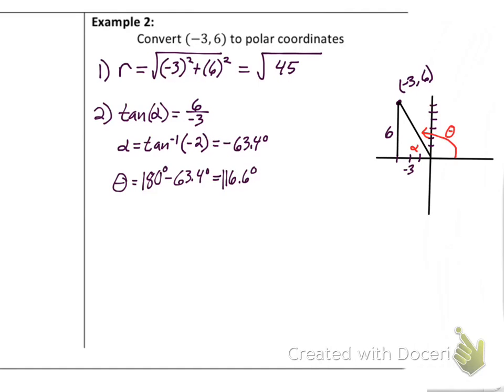Isn't it negative? I just went over that. We have to be smarter than what our calculator shoots out. Would it make sense if I did 180 minus a negative 63.4? Then I would have 243.4 degrees. Is this a 243.4 degree angle?